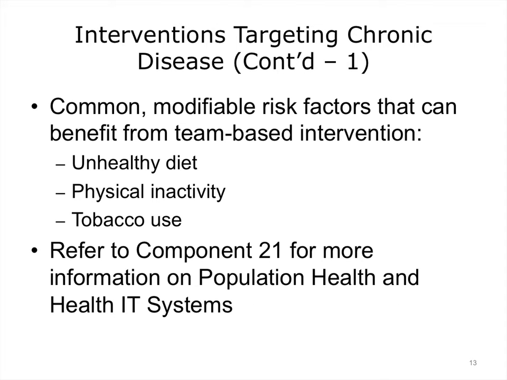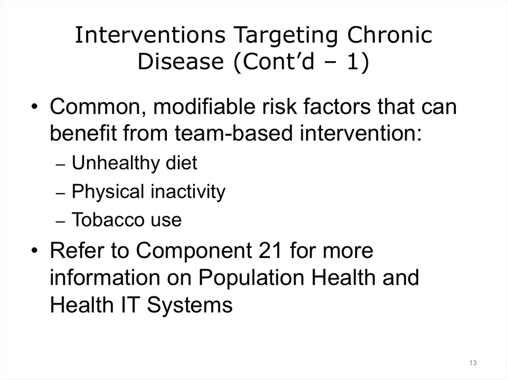There are many risk factors associated with chronic illness. However, at all ages, the vast majority of chronic disease deaths in men and women can be explained by the following common modifiable risk factors that can benefit from team-based intervention: unhealthy diet, physical inactivity, and tobacco.